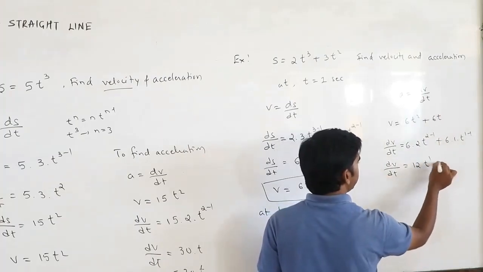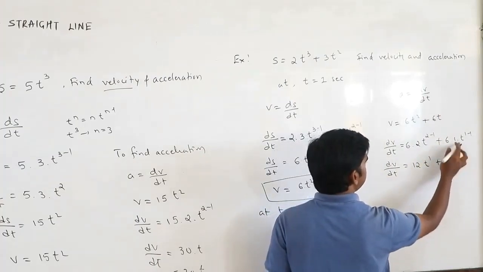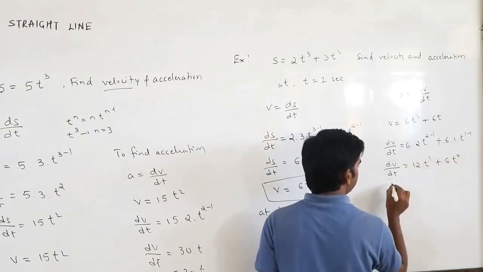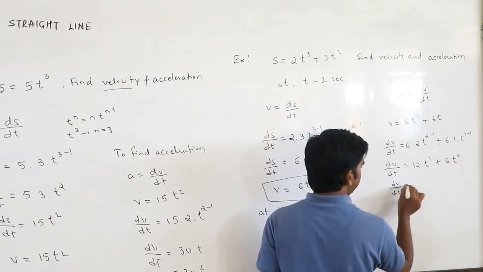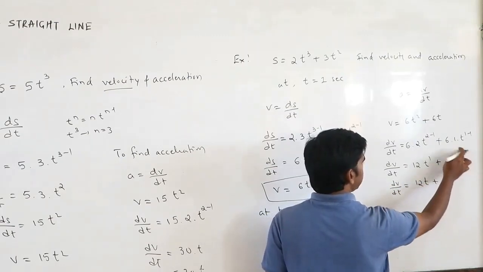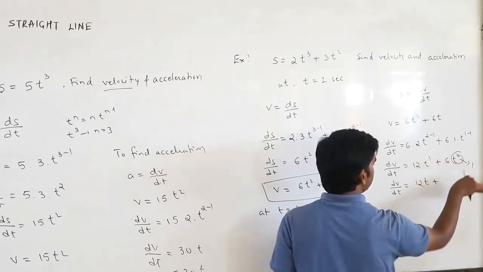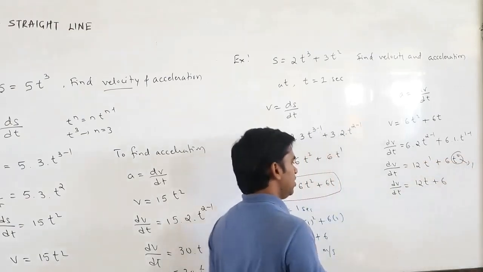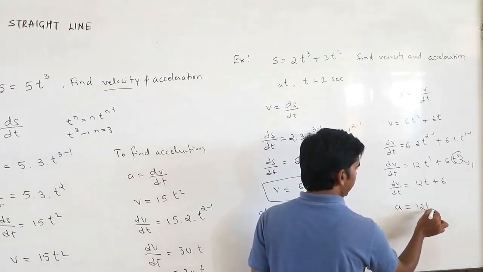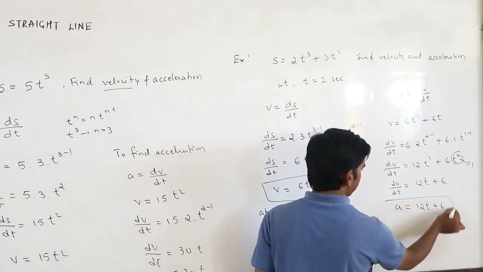So t raised to 1 plus 6 write as it is, 6 into 1 is 6. So t raised to 1 minus 1 is what? T raised to 0. T raised to 0 is 1. So this will become 6. So dv by dt is equals to 12t plus 6. So acceleration is 12t plus 6.